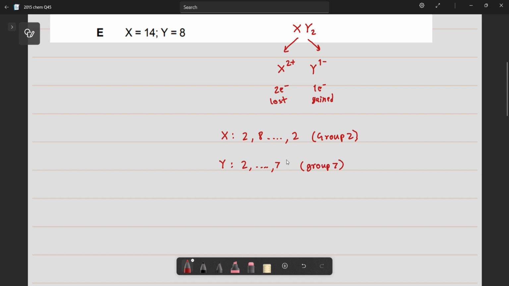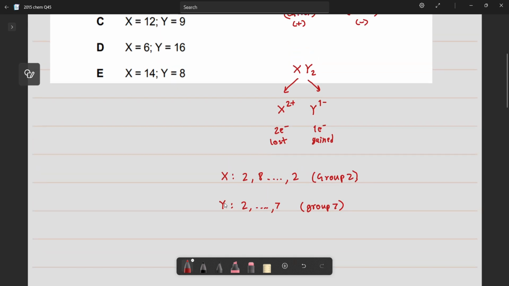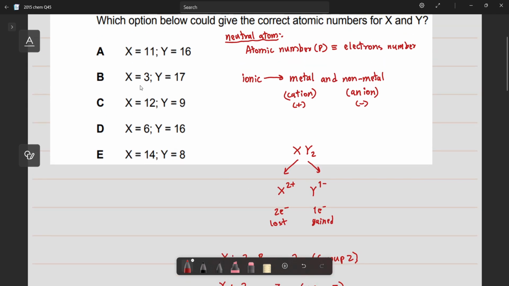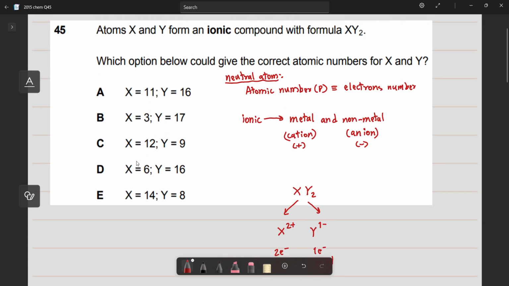Okay, so these are the two atoms with their electronic configuration in the neutral state, where they must have these numbers of electrons in the outermost shell. So now we're going to work out the electronic configuration with the given atomic numbers, and we know atomic number is equivalent to electron number, so we consider this the number of electrons in the neutral state.